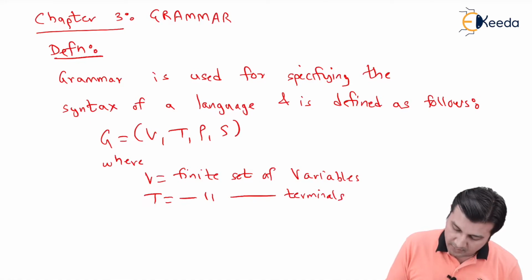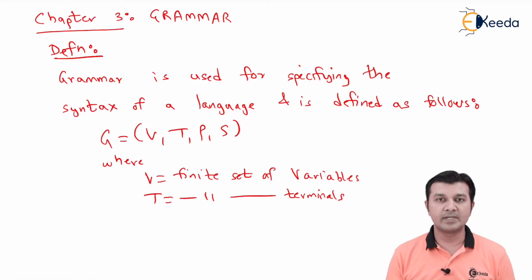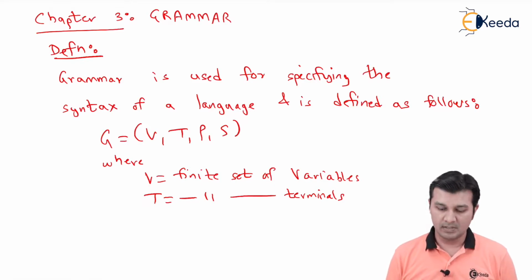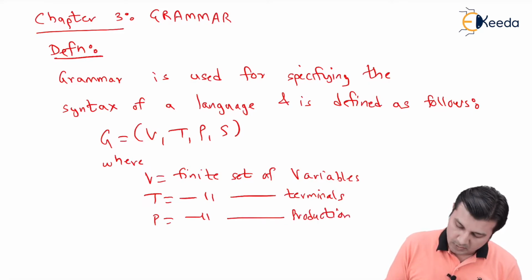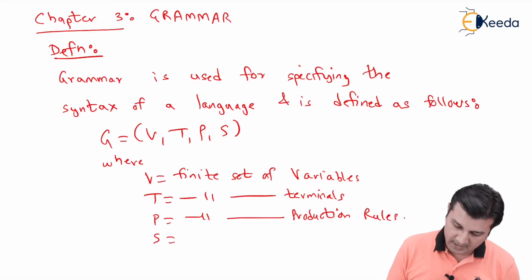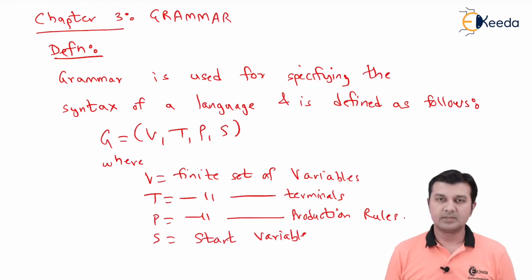Now what I mean by terminals, exactly opposite to variables: if variables are capital alphabets, terminals are small case alphabets. The next is P. P is called the finite set of production rules, and lastly S is called the start variable.